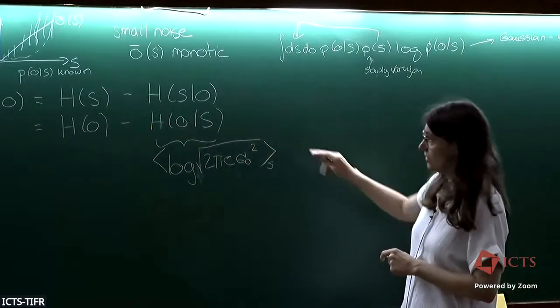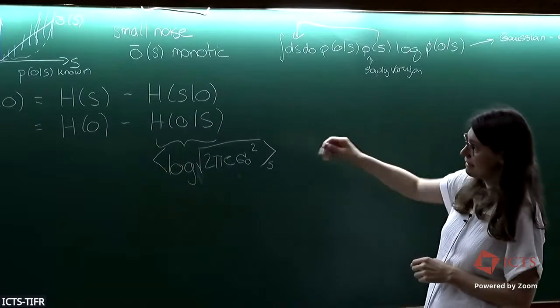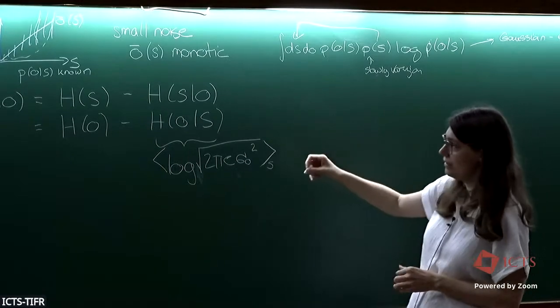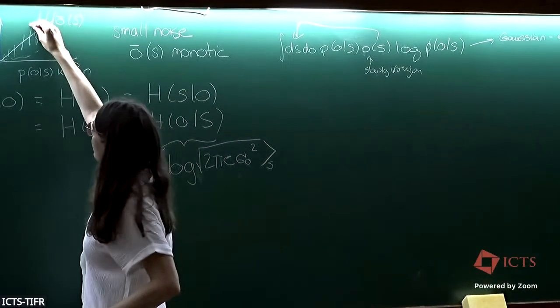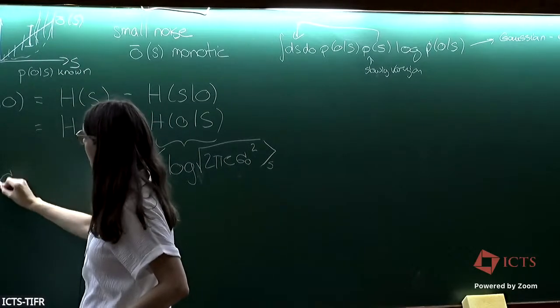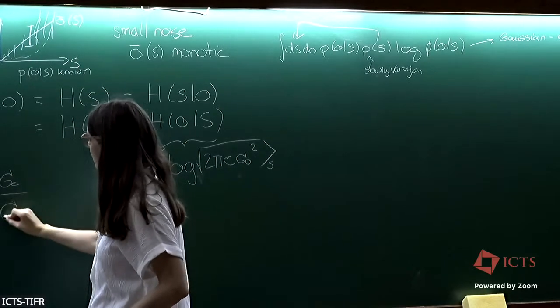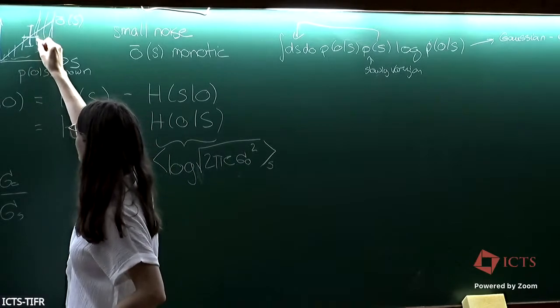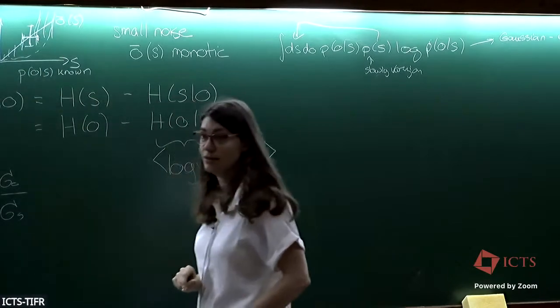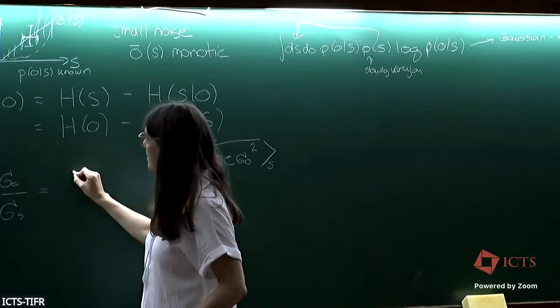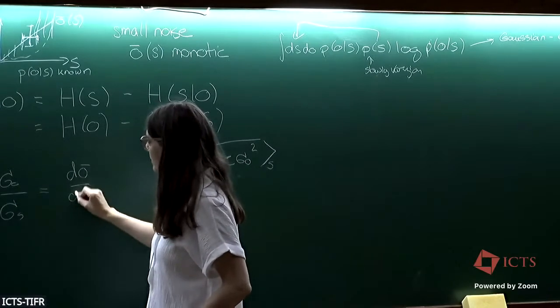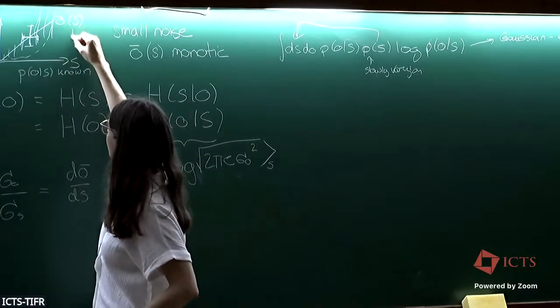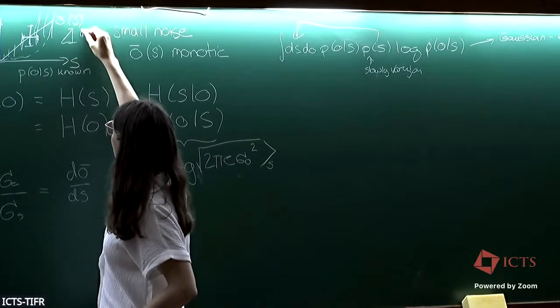And now you do one trick, which you can do on either level. I'm going to do it on this level. In the small noise approximation, I can say that my noise in O over this noise in S, which I would use if I use the probability distribution the other way around, is just do ds.